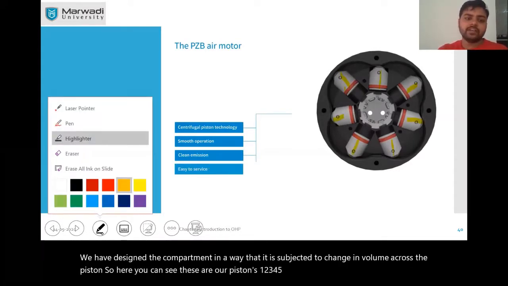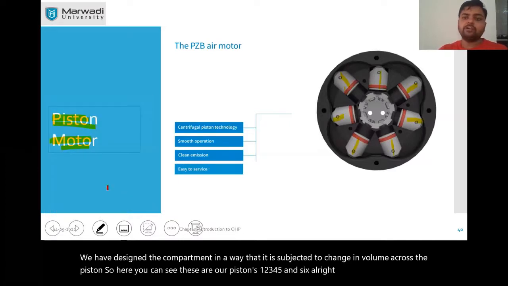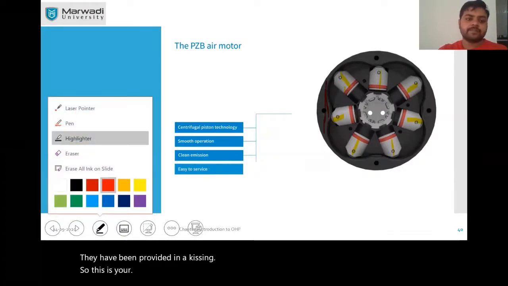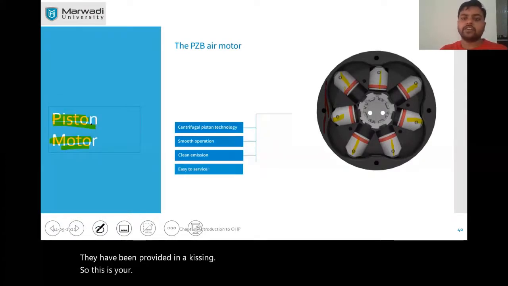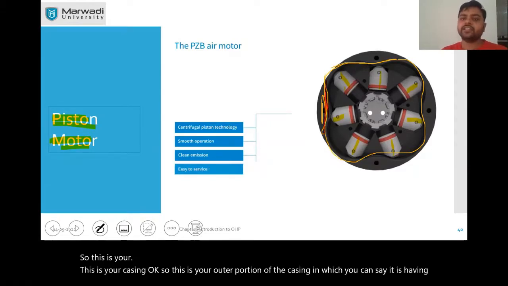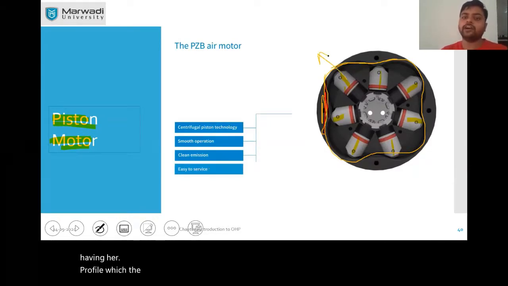Now you see they have been provided in a casing. So this is your casing, the outer portion, which has a profile in which the cylinders can move in and out.